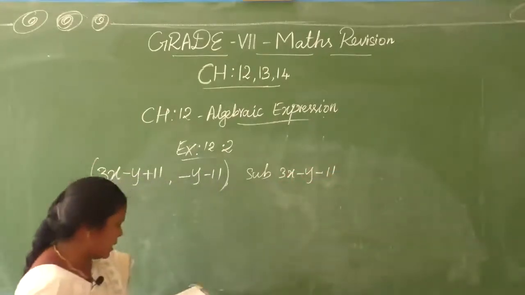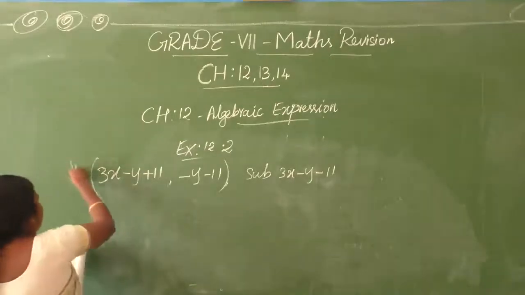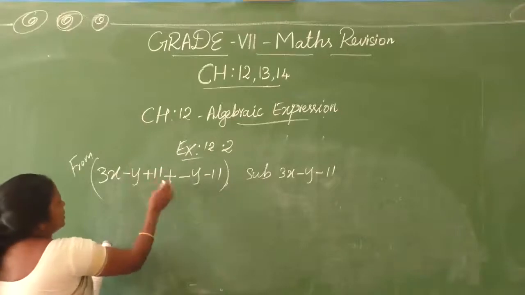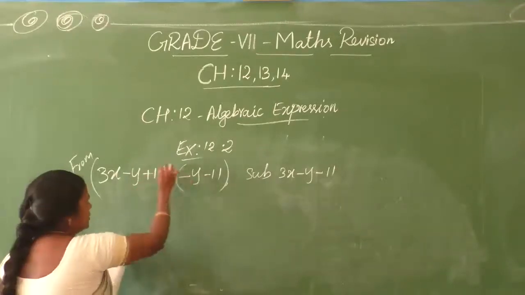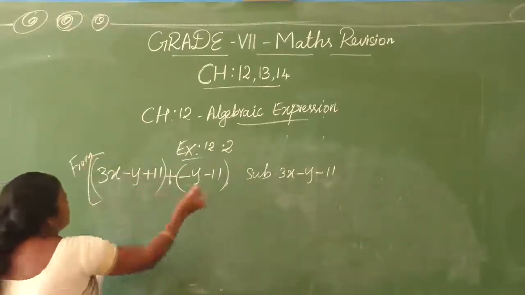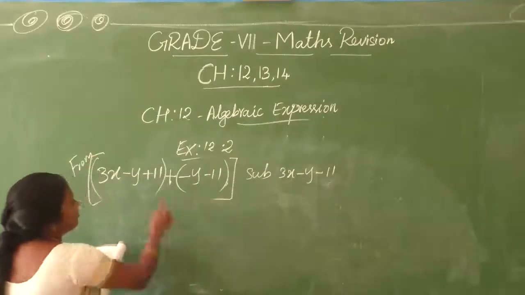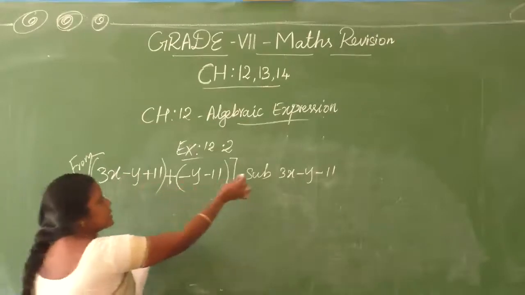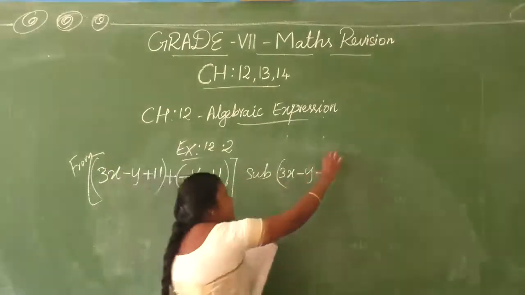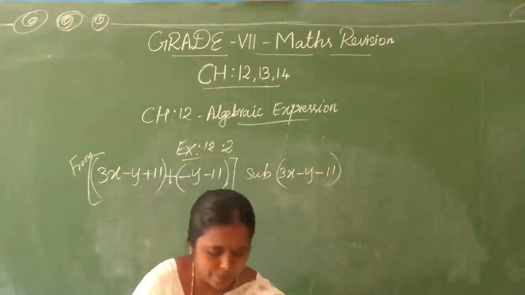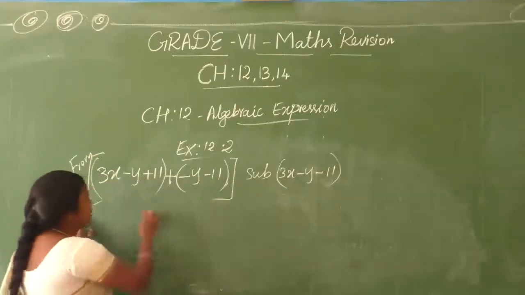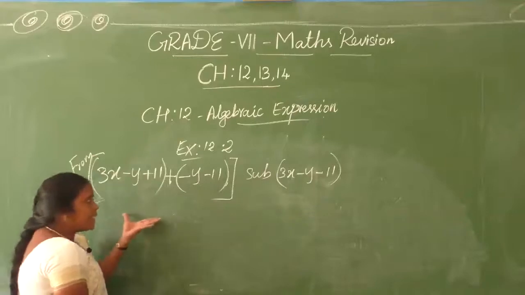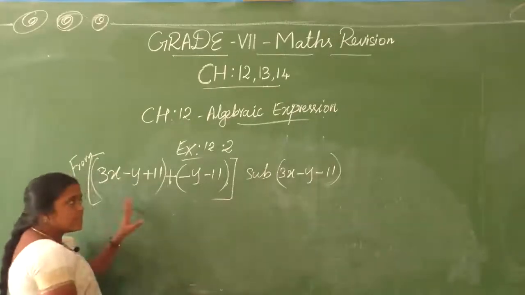What is the question? From the sum of this and this, subtract that. What is this meaning? What is it telling you? First of all, you have to add both expressions. From that answer, you have to eliminate that. This is the meaning of the given question.